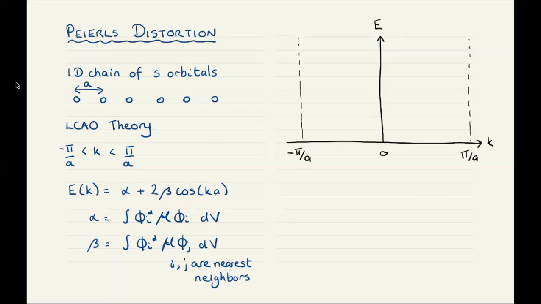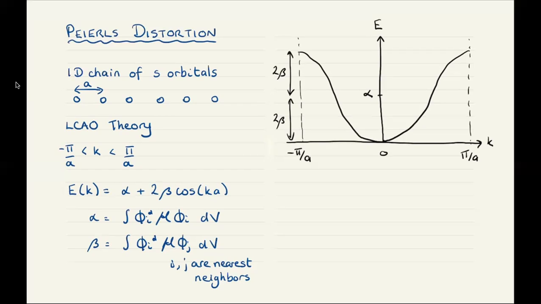Our energy has a cosine form like this, centered around alpha. And the bandwidth is 4 beta because the energies range plus or minus 2 beta above alpha.